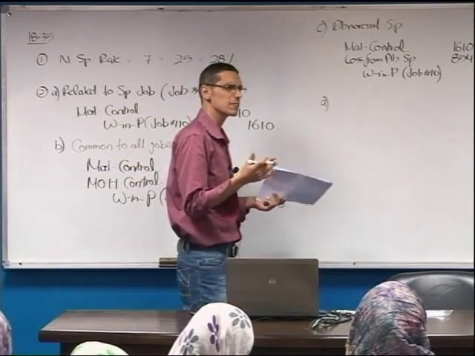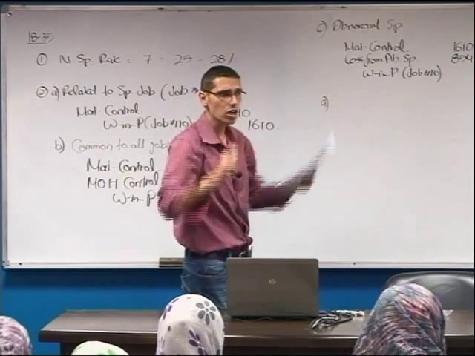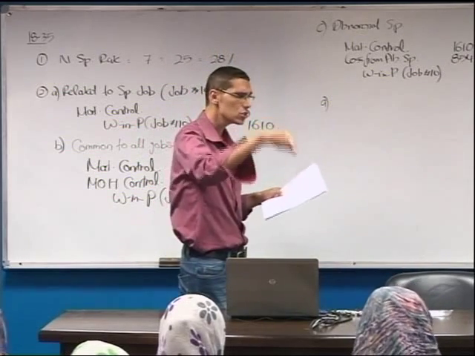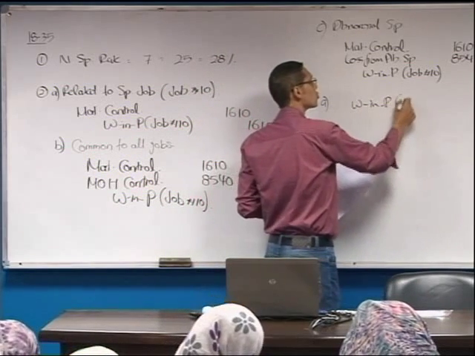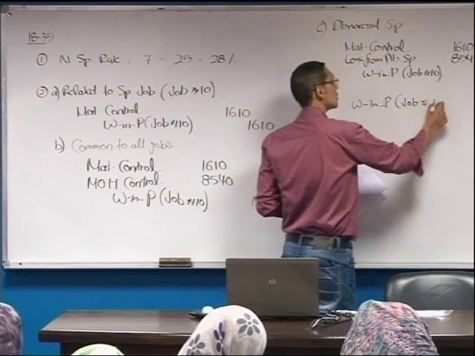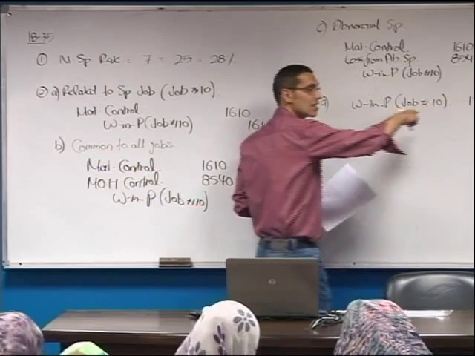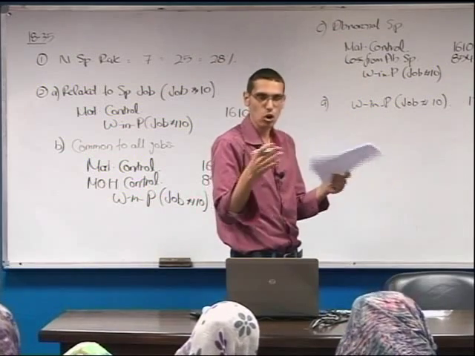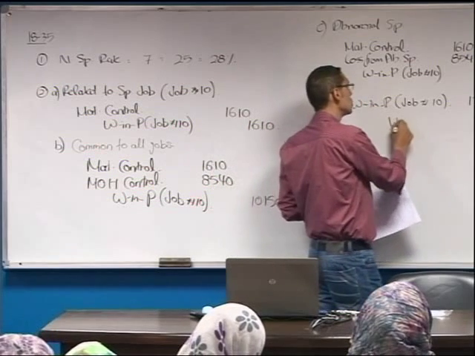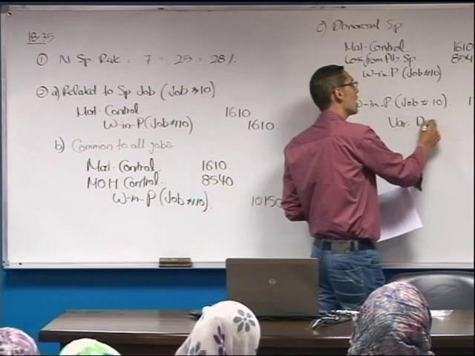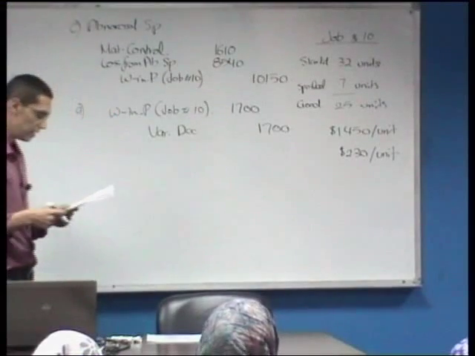If it is related to a specific job, the $1,700 would be loaded onto the work in process for that job. Therefore, work in process for job number 10 would be debited by the 1,700. Of course, they did not give us any specifications or any classifications of the 1,700. Therefore, we are going to consider it from various accounts, because we cannot know the different details.